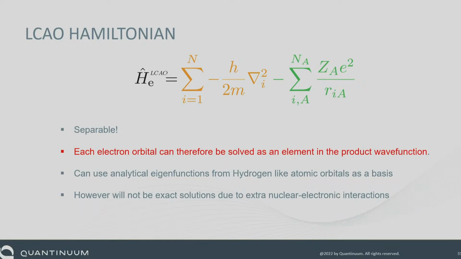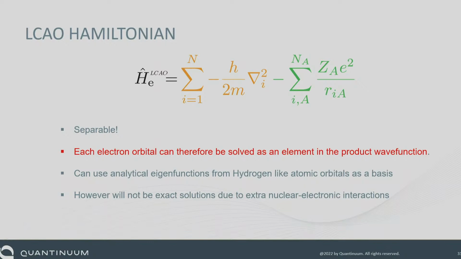All right, so now we've got a separable differential equation, or separable linear operator. It means we can use separation of variables and solve the global molecular picture with a single electronic product wave function.